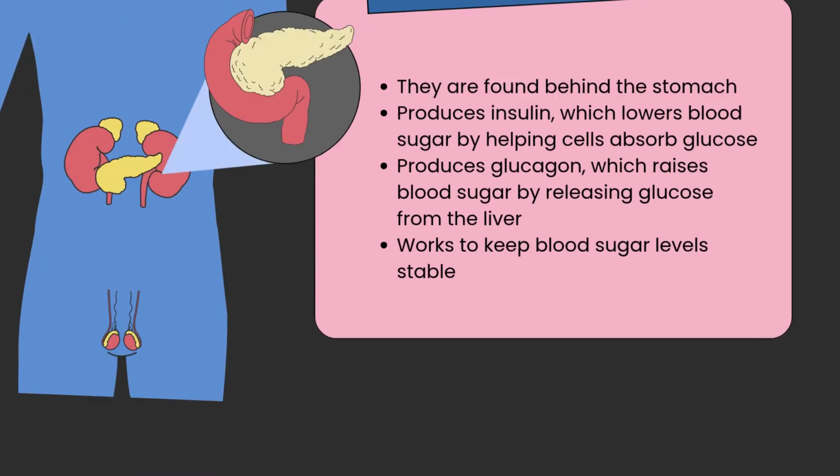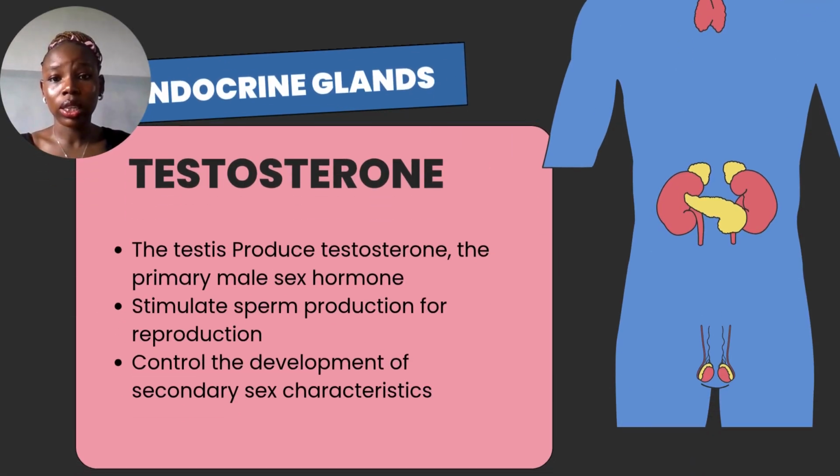The last hormone we are going to talk about today is testosterone. Testosterone is produced by the testes, and it is the primary male sex hormone. Testosterone helps to stimulate sperm production for reproduction and also helps to control the development of secondary sex characteristics.